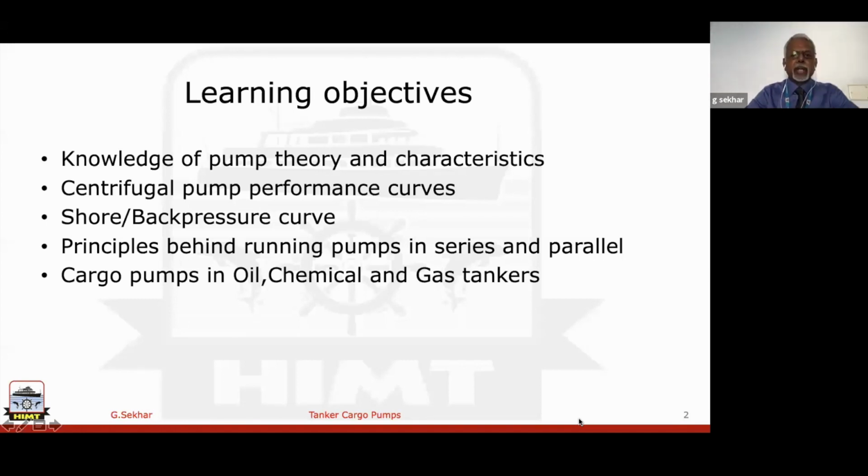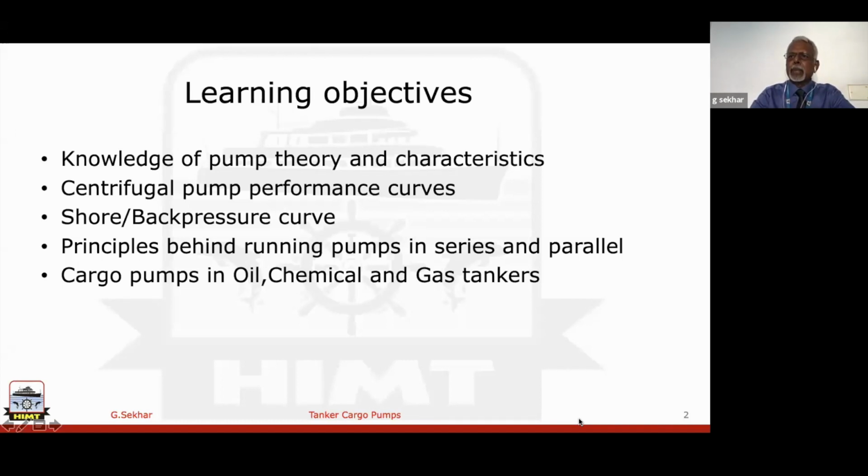A lot of input on the back pressure is also given by the loading master when we interact with him. Initially, before the cargo operation starts, the terminal representative, or loading master, gives us a lot of input about that particular port. So that also we need to look at.